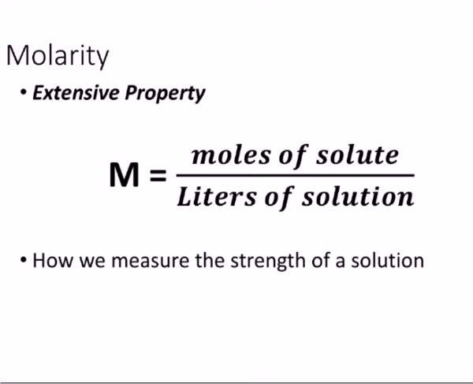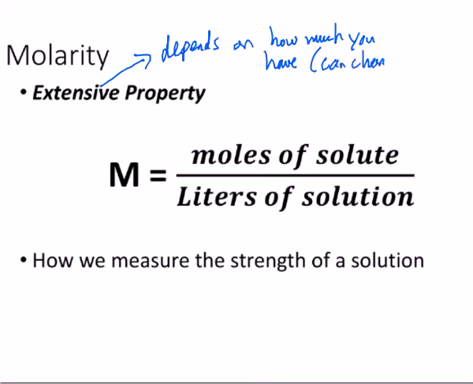So extensive, maybe you want to jot this down in your notes. Extensive depends on how much you have. Extensive property of values or amounts, guys, they can change. Intensive, they stay with the substance.